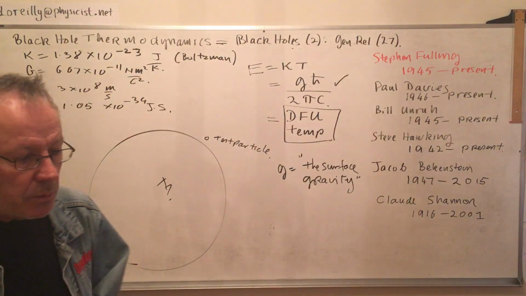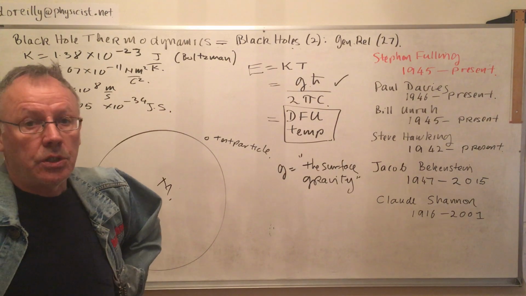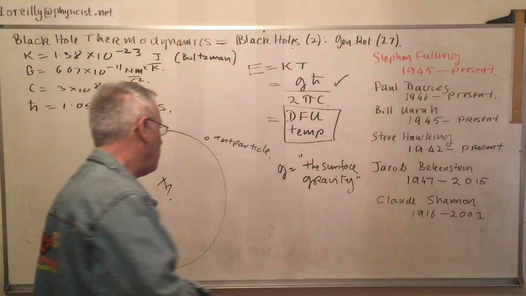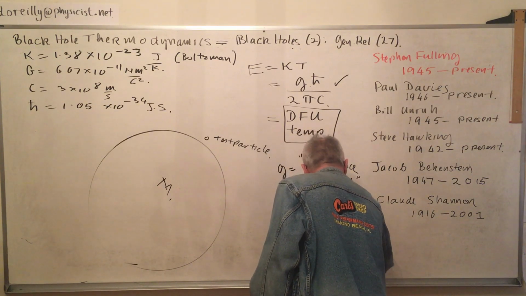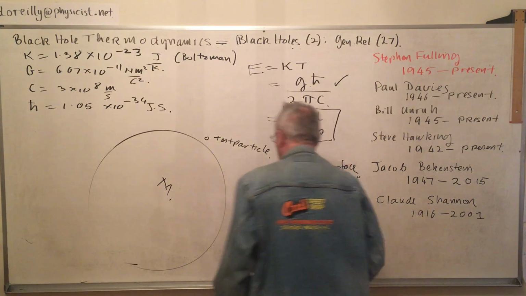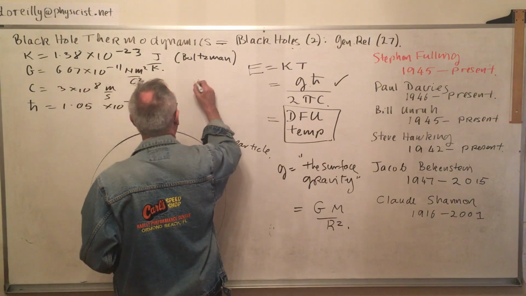You see people using the symbol tau for surface gravity. Really, it's the acceleration due to gravity on a particular object. And that's GM over r squared as usual for any gravitating object. So these are our constants, and this is our starting point.